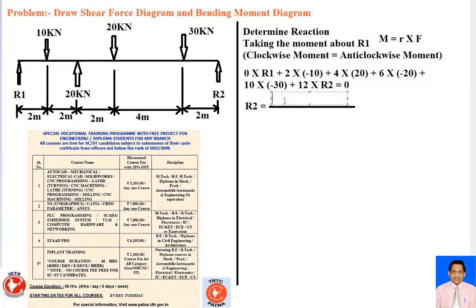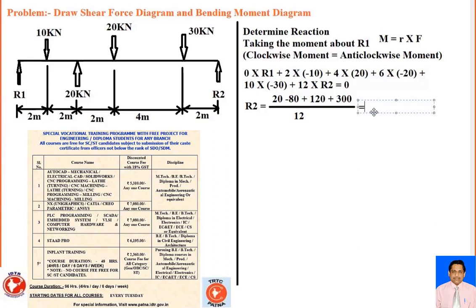Minus 20 in the sense of here is the 20 minus 80, then plus 120, then plus 300, divided by 12. So divide by 12. How many values?